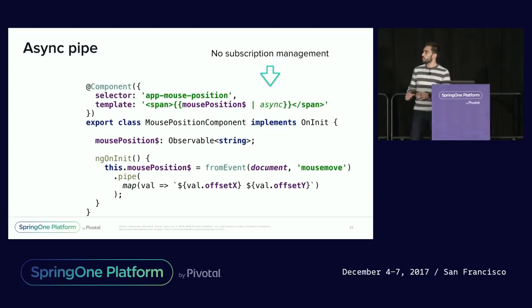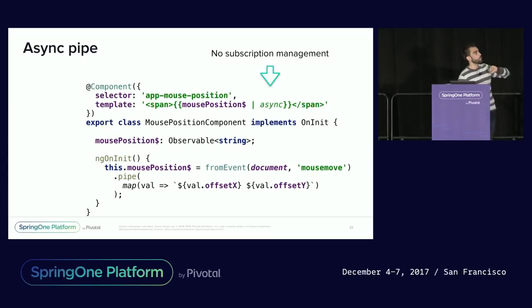So now, in this example, what we do is get a reference of the observable. So we create an observable from the event mouse move, and we are getting the observable reference. So we'll be using that. By the way, the $ sign is basically the naming convention for observables. So when we have a $ sign, that means that this is an observable. And we're going to use this observable in our template.